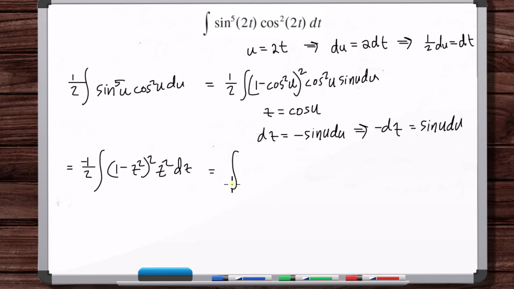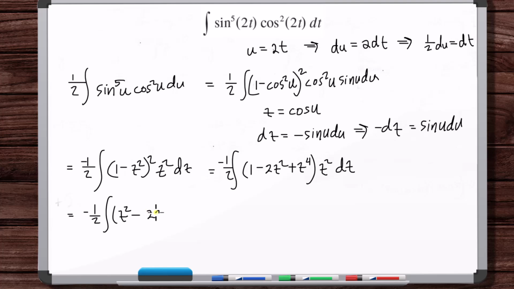Okay, so 1 minus z squared, squared is 1 minus 2z squared plus z to the 4th, since minus z squared times minus z squared is plus z to the 4th. Z squared dz. Okay. So z squared minus 2z to the fourth plus z to the sixth dz.